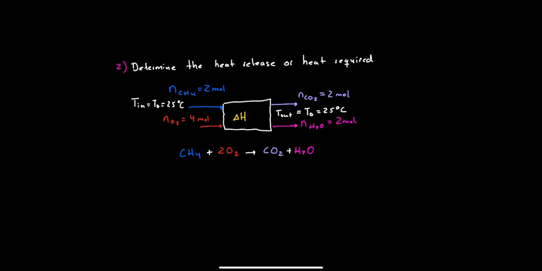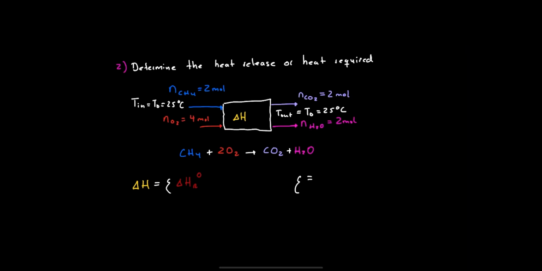The heat release or heat required, delta H, is going to be equal to the extent of the reaction times the reaction enthalpy. We can say this for a stoichiometric reaction. One way to see if it's a stoichiometric reaction or not is with the extent of reaction.